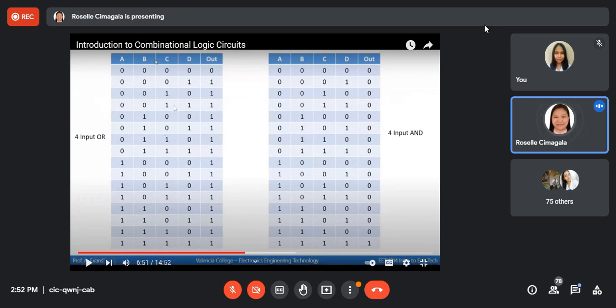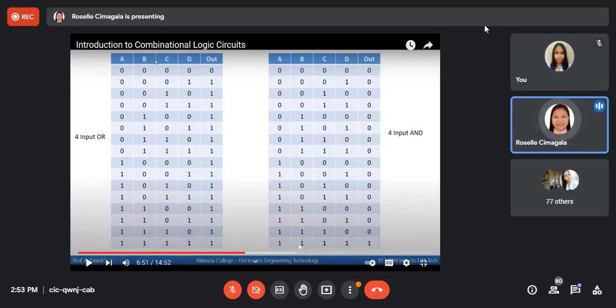So, based on to nga exercise, naa tay 4 input variables. So, A, B, C, D. First column would be alternates of 0, 1, 0, 1, 0, 1. Second column would be 2 zeros, 2 ones, and so on. Third is 4 zeros, 4 ones, 4 zeros, 4 ones. And then the fourth column is 8 ka 0, 8 ka 1.